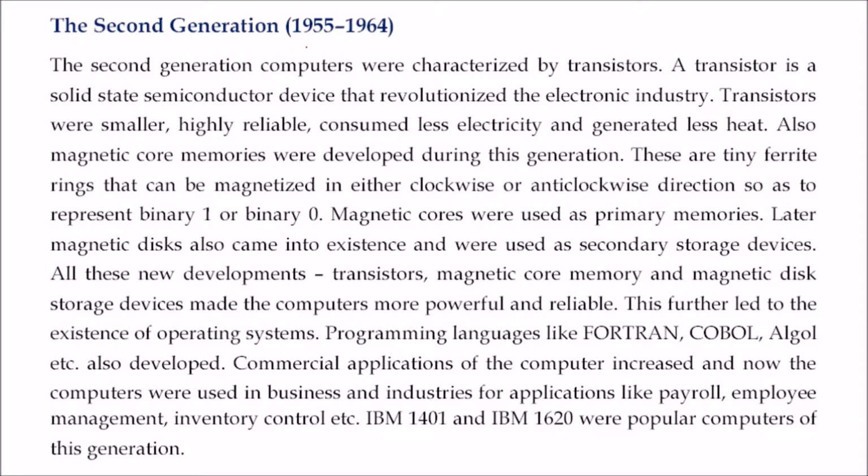Then came the second generation, 1955 to 1964. The second generation computer is characterized by the transistor. A transistor is a solid state semiconductor device in the electronic industry. These transistors were very small and quite reliable. They consumed less electricity and the heat generation was also less.